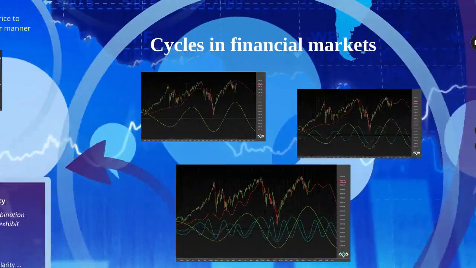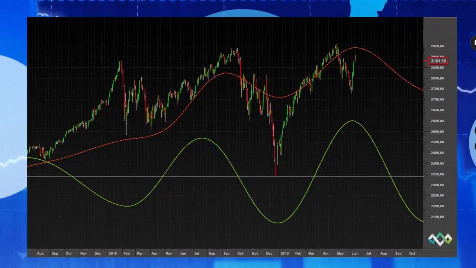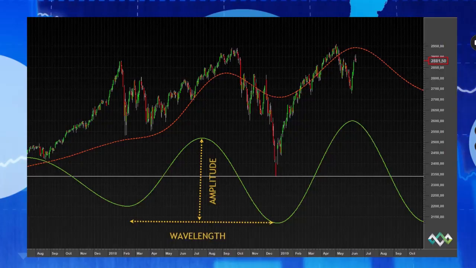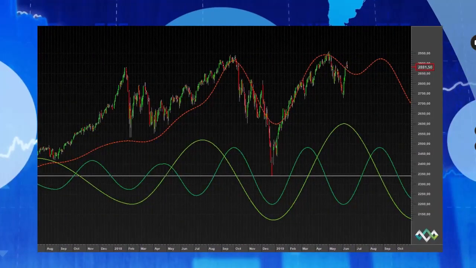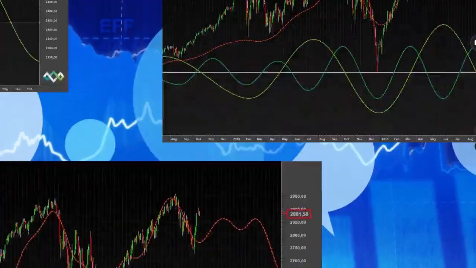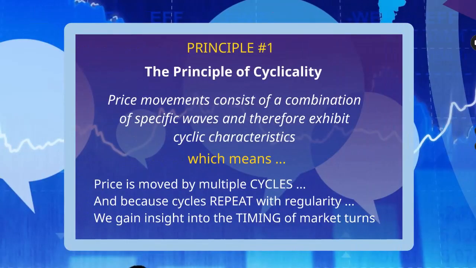That cycle doesn't look very much like a cycle that you see in financial markets, as of course we've already mentioned, but when you combine the multiple cycles that influence financial markets and don't consider only one cycle in the market, then the combination of those different cycles begin to match the price movement a little more accurately. That brings us to the first principle that Hurst defined, the principle of cyclicality.